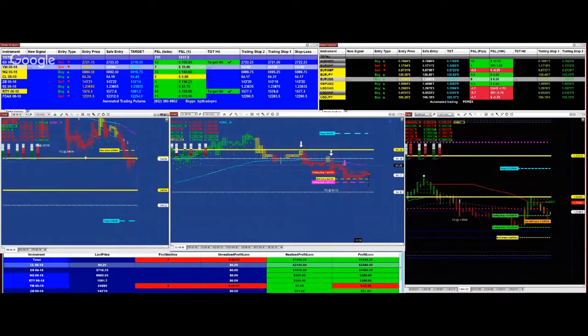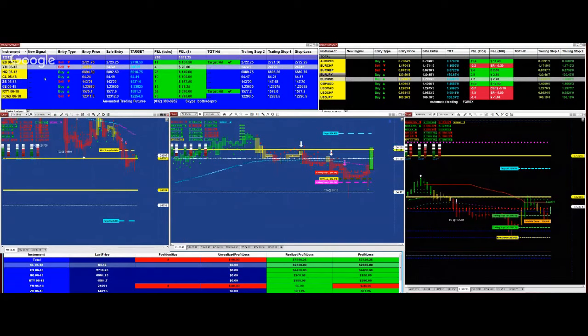Extremely critical area right now. We do not have confirmation on the short trade on CL, so be careful with the CL traders. If we have a new signal, it will fire and show us the new signal right there. Look at this, it's changing direction. Today is Wednesday, of course.